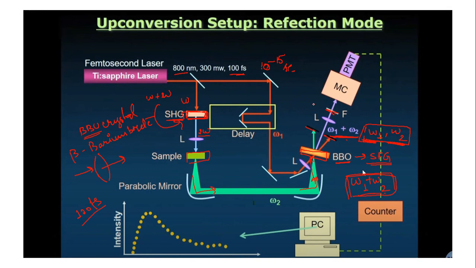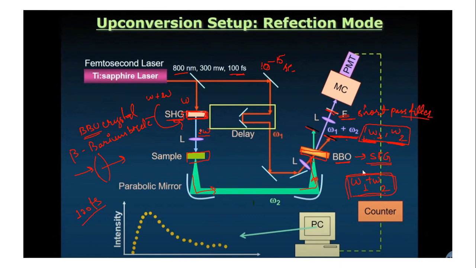Sorry, this is the higher frequency. Why? Because it is a sum of these two. So this higher frequency is passed, and these two smaller frequencies are retained. If you talk in terms of wavelength, that will be a shorter wavelength. So that's why you call this filter a short pass filter. Why? Because it passes only the shorter wavelength of light.